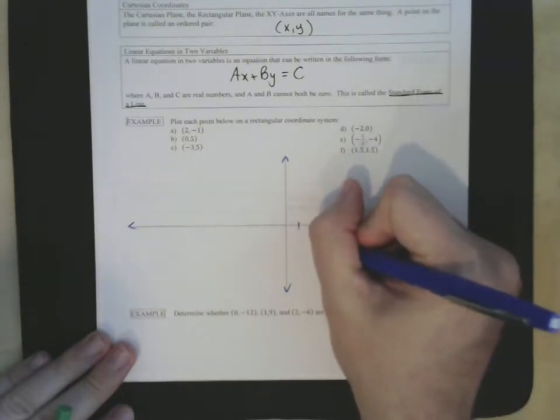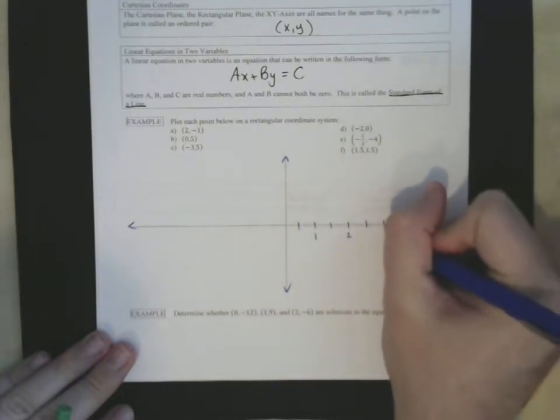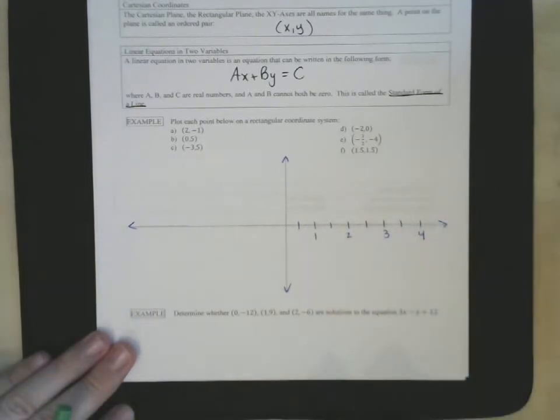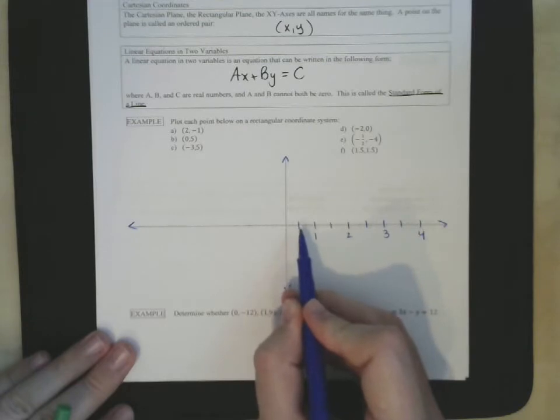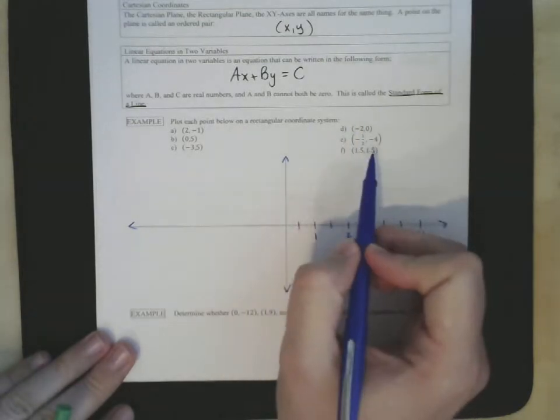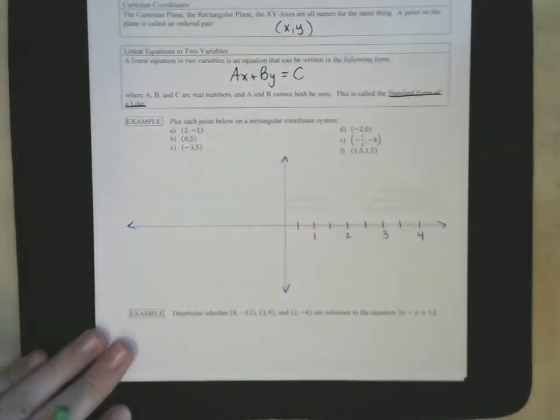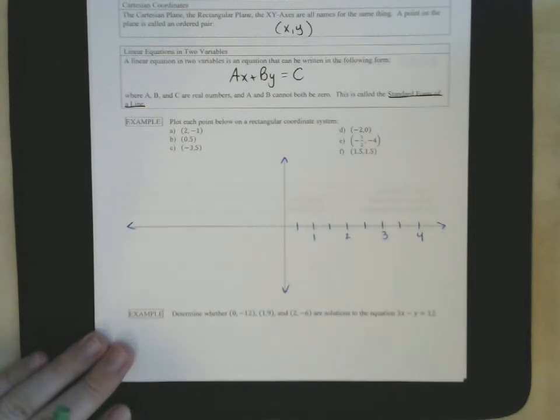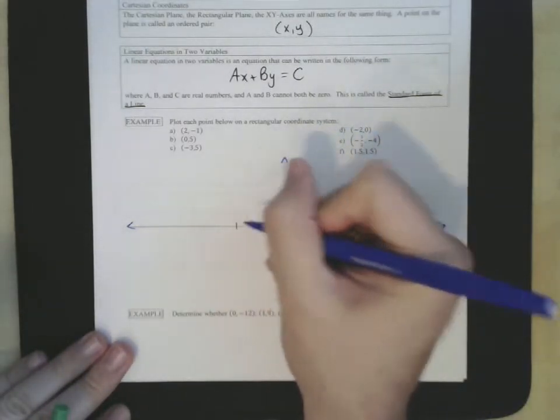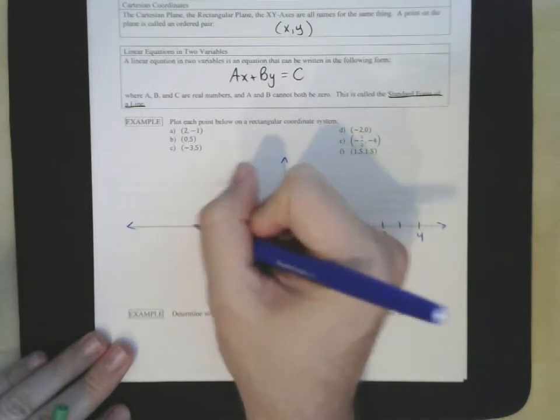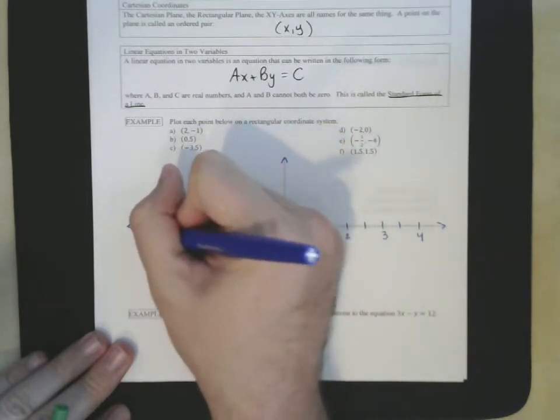So I'm actually going to do 1, 2, 3, and 4. And this is going to allow me to give some half marks. And since I have 1.5 and negative 1/2 here, that's kind of why I decided to do that. And I'm going to mirror it on the other side: 6, 7, 8.